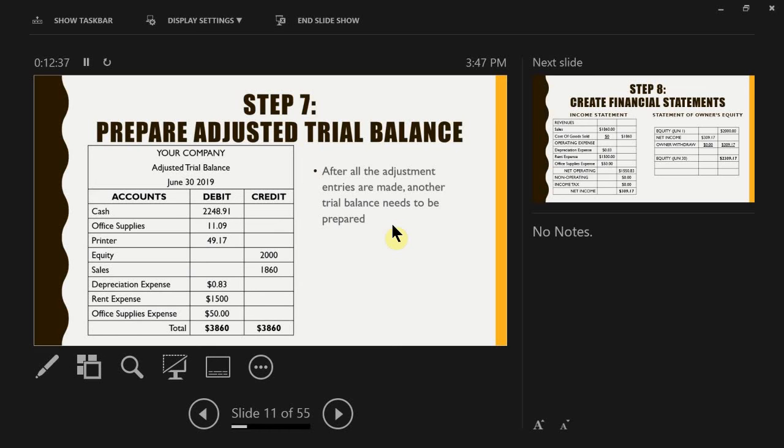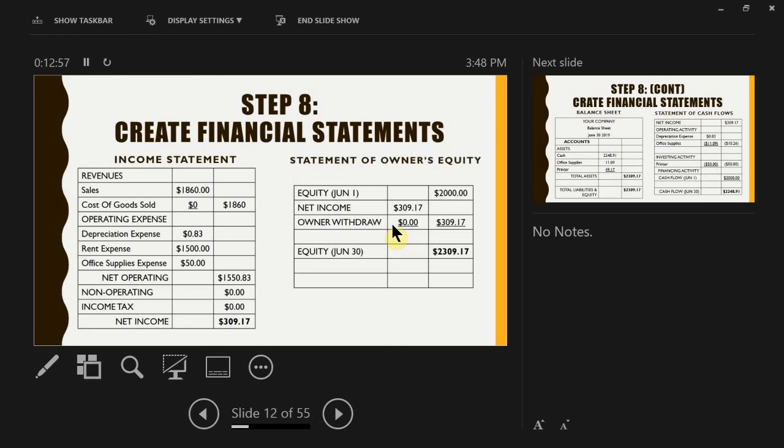I have now $11.09 because I spent $50 worth of office supplies. So here, I've recognized that I used $50 worth of my office supplies. Depreciation, etc., right?